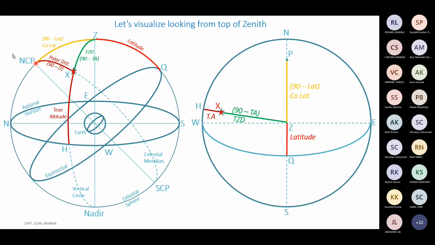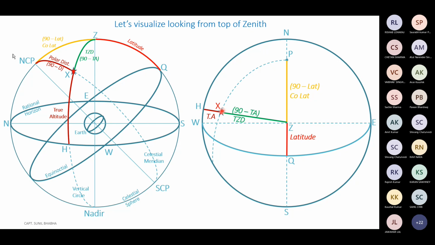This third side, P to X, going further to the south celestial pole, is the celestial meridian passing through our star. So we have to draw the celestial meridian of the star, pole to X. Let's come back to the rational horizon diagram. This is the pole, and this is the celestial body, the star X. We have to draw the celestial meridian now.